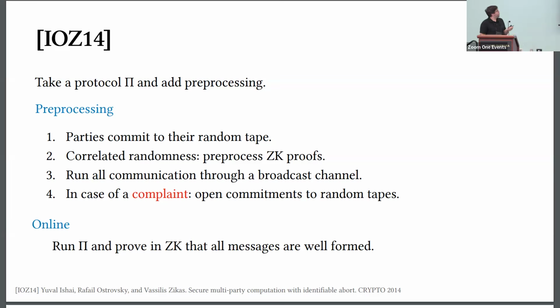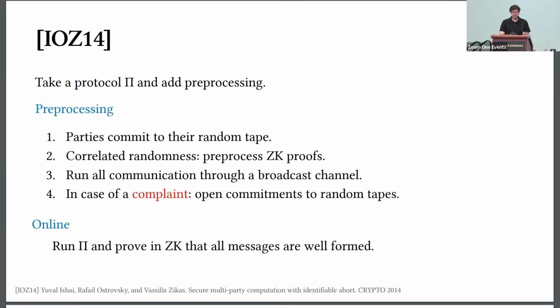When considering solely a preprocessing protocol, the IOZ compiler is pretty simple and intuitive. The idea is first to commit to all of the random tapes, then run a standard secure with abort protocol. If the protocol aborts, then everybody opens their commitments to the random tapes, then everyone can locally rerun the computation, find out who cheated, everything is good.